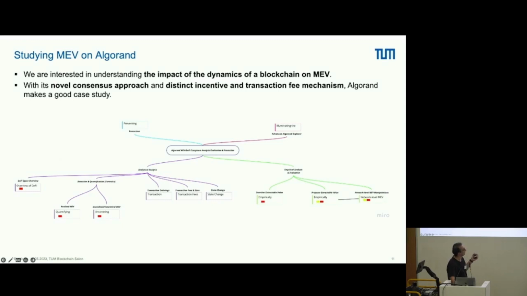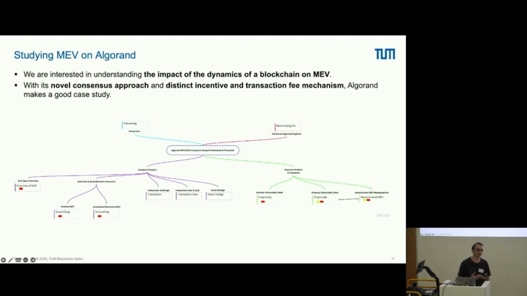Studying MEV on Algorand is a problem I've been thinking about for some months now, and it's basically never ending. You initially start with, okay, let's first quantify arbitrage, and then you ask yourself, maybe people are not actually extracting all the value out there. What about value which was not realized?